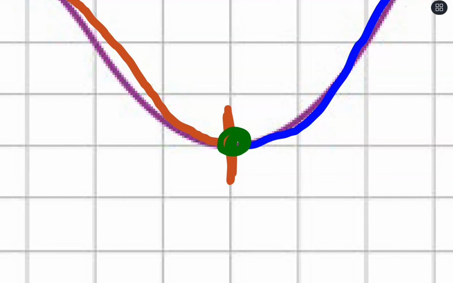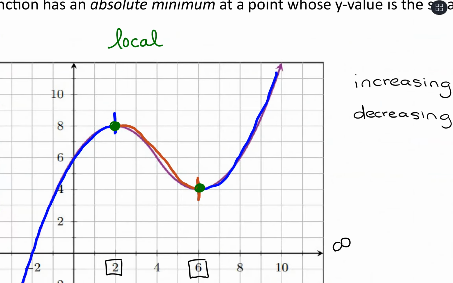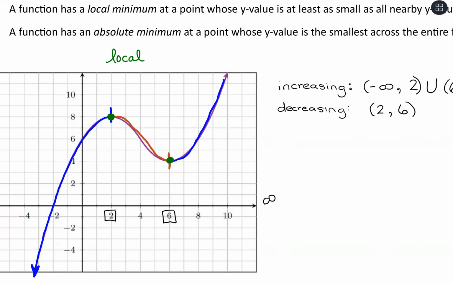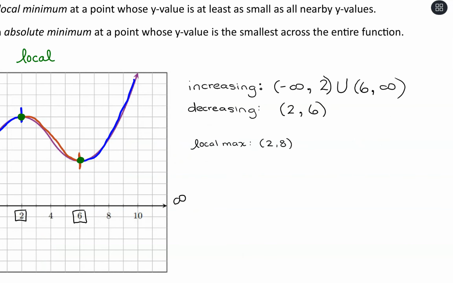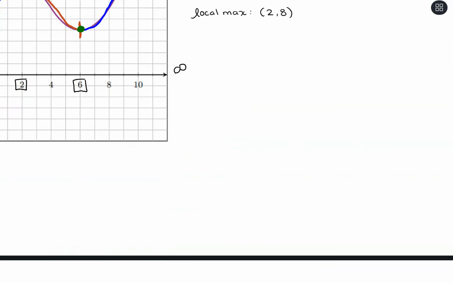What's the largest value? So we'll describe these with coordinates. So we have a local maximum, and that is occurring at the coordinate 2, 8. Now we can have more than one local maximum because I could have a graph that does something like this.